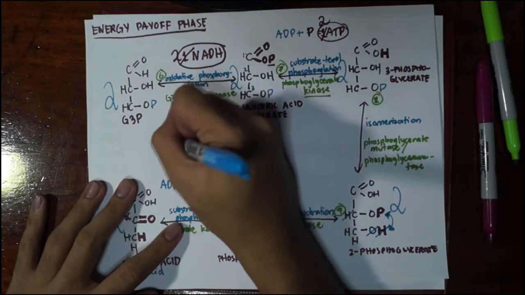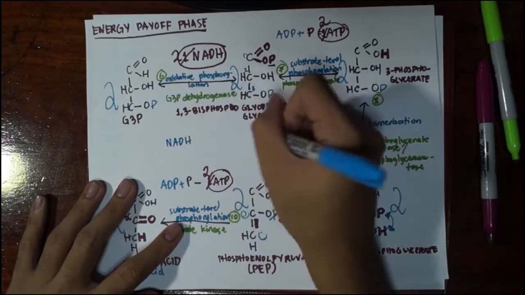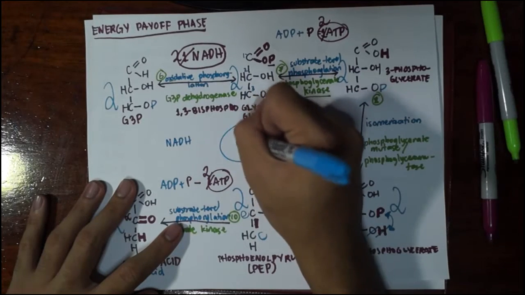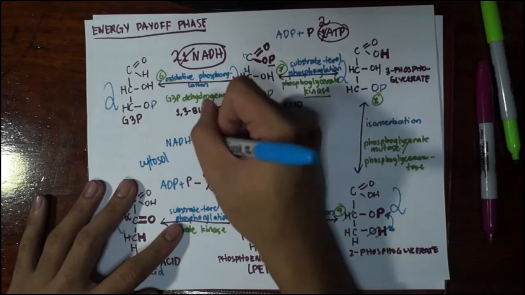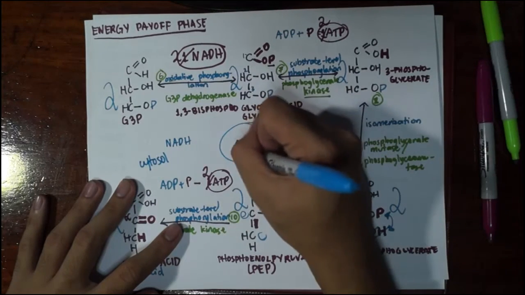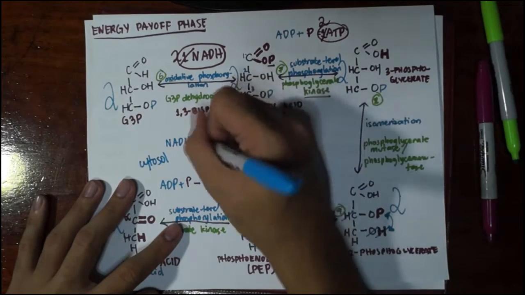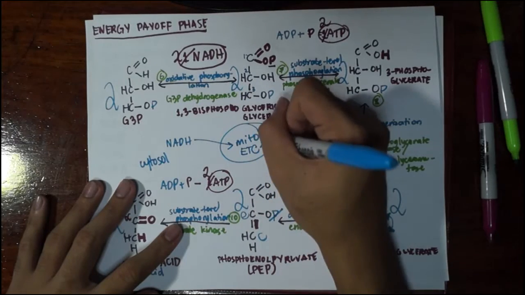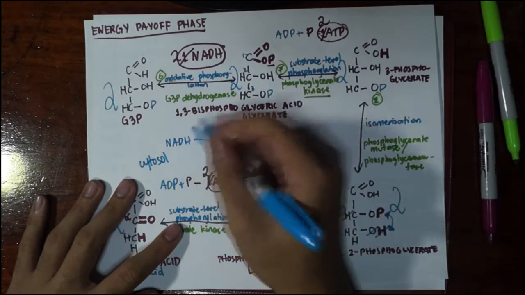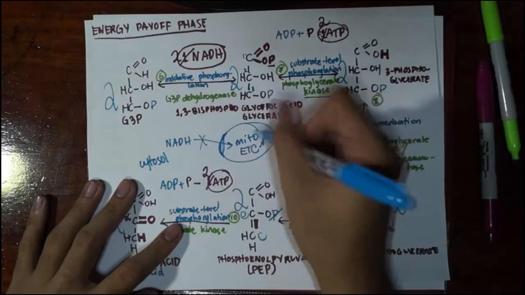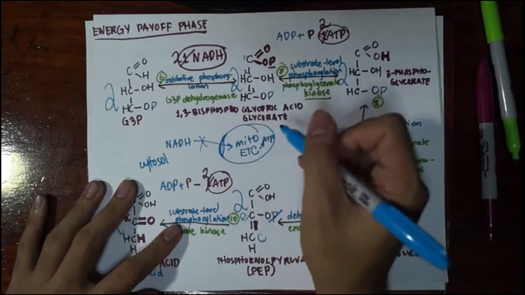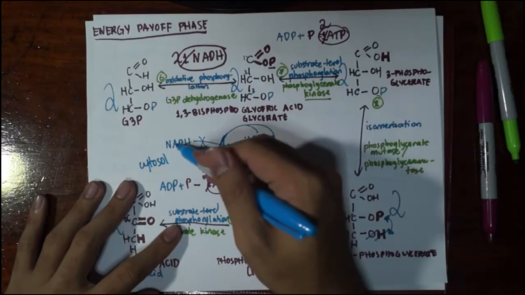We have NADH here. Let's say that this is the mitochondrion and this is the cytosol. NADH must go inside the mitochondrion because there, the electron transport chain will convert NADH to ATP. If the NADH cannot go inside, it cannot be converted to ATP. It's that simple.